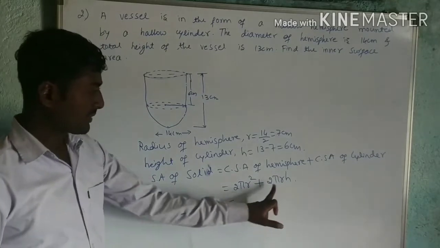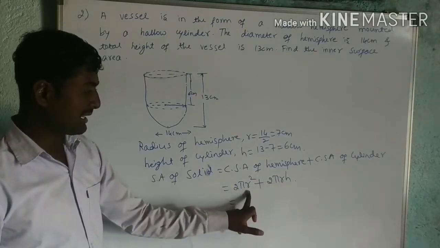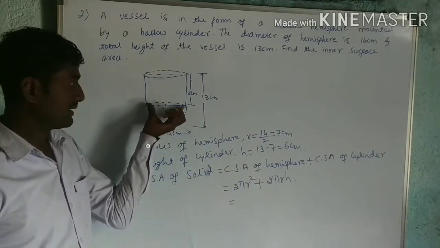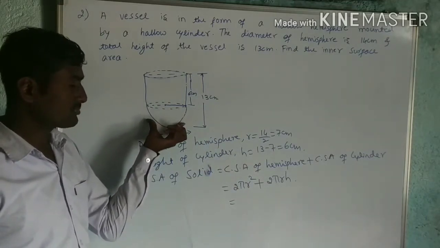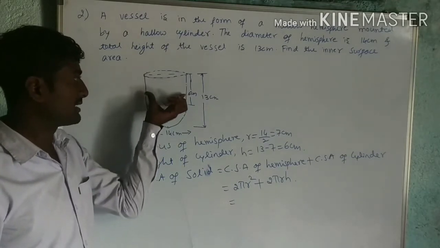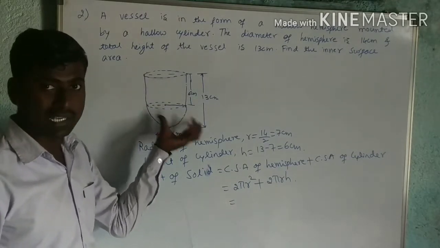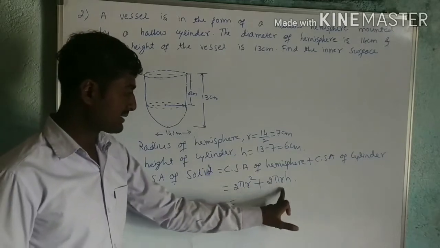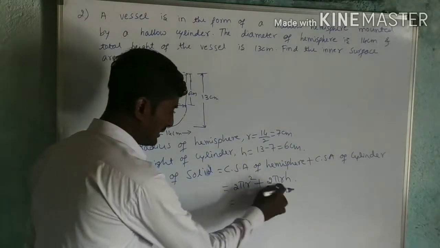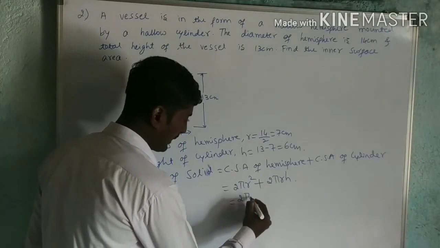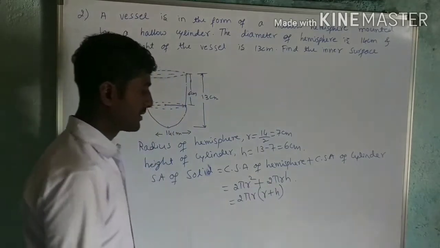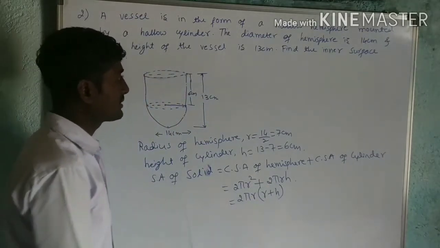You observe here, the radius of the cylinder and radius of the hemisphere are both the same, because the diameter of the hemisphere as well as the diameter of the circular base of the cylinder is the same. That's why the radius for these two solids is the same. Now in these two I will take common 2 pi r. Inside what will be there? r plus h.